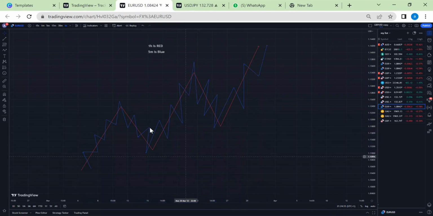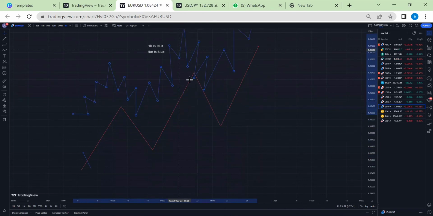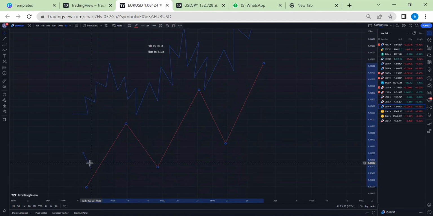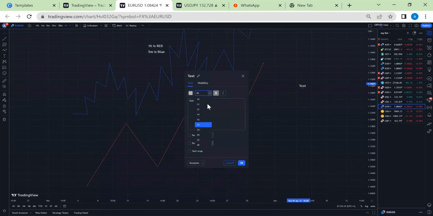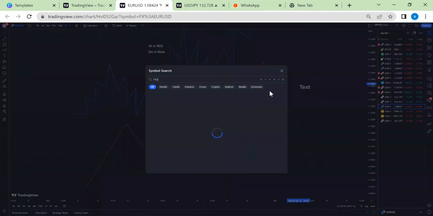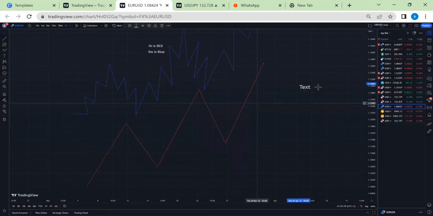Now, I want you to understand that there's something we call the fractal nature of price in trading. Let me type it out so that you get it.